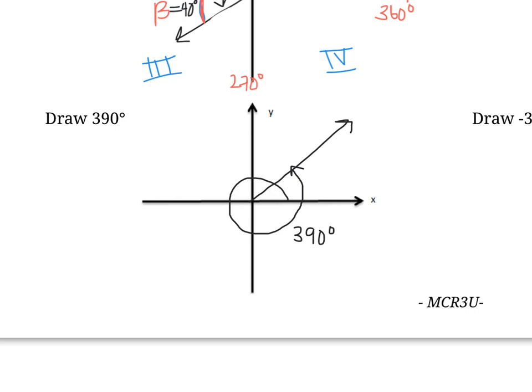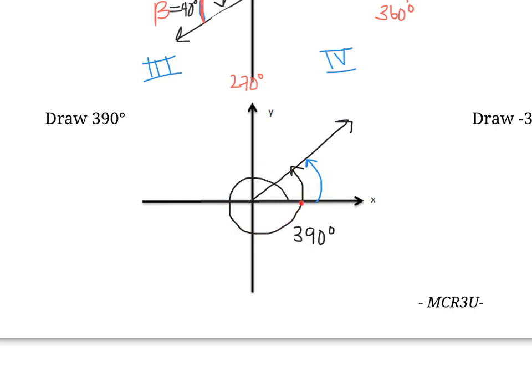What's the principal angle? Can this be a principal angle? It's positive, but is it between 0 and 360? No, it's too big. So what would the principal angle be? It would be just from here to here. What is that angle measure right from there to there? If you can figure it out in your head, it's just 30. I know that all the way around from here to here is 360.